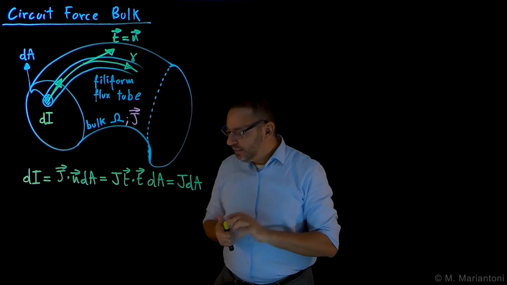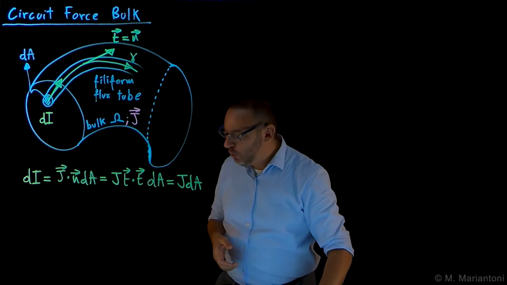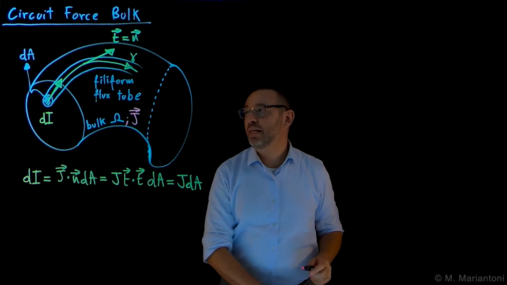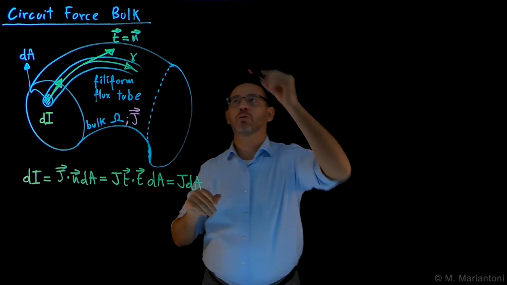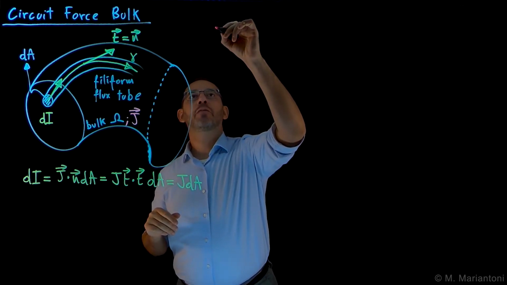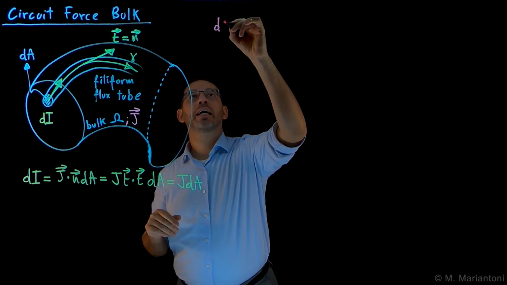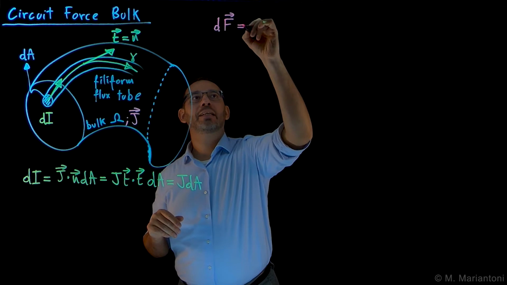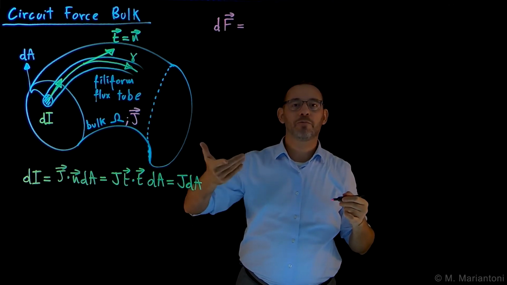Great. So with this in mind, the next question is, what is the force dF associated with this filiform flux tube? And then by integration, we can find the force on the entire bulk conductor. So for the force dF, we need to use the result from the previous video, which was for a filiform wire.